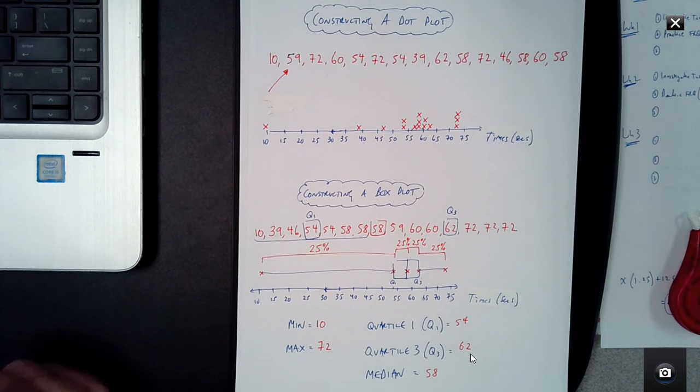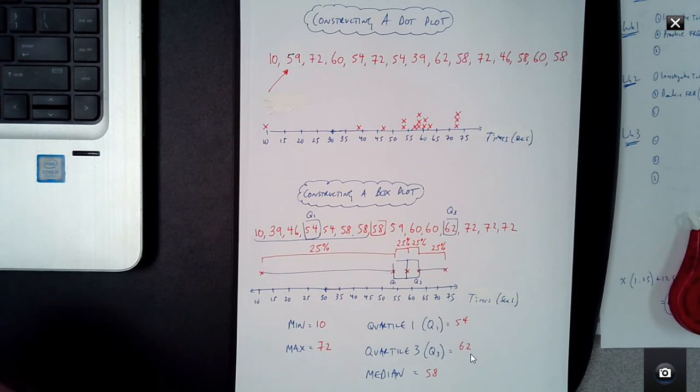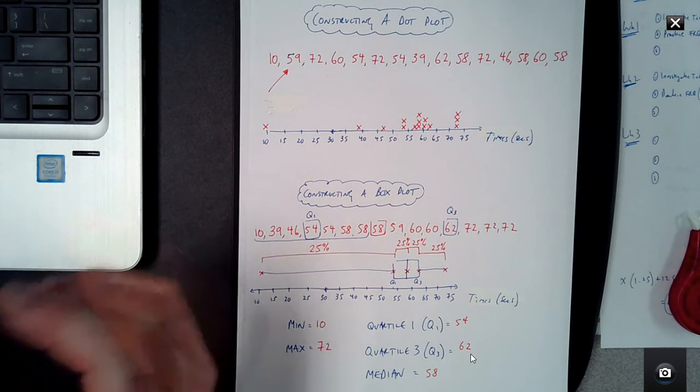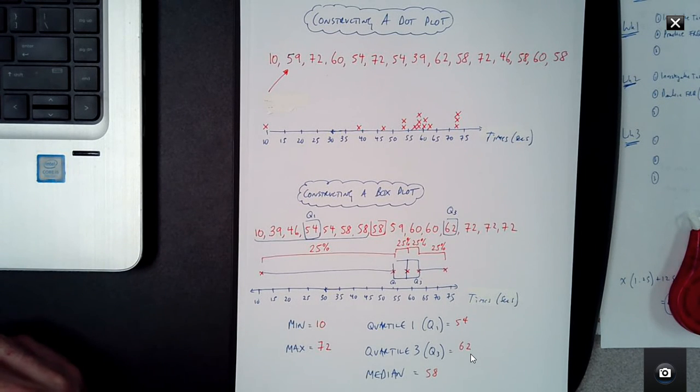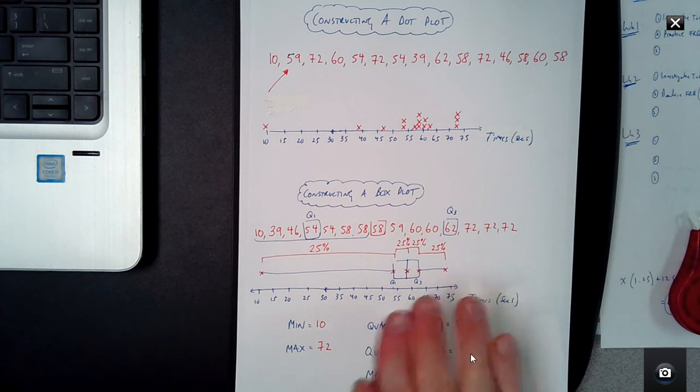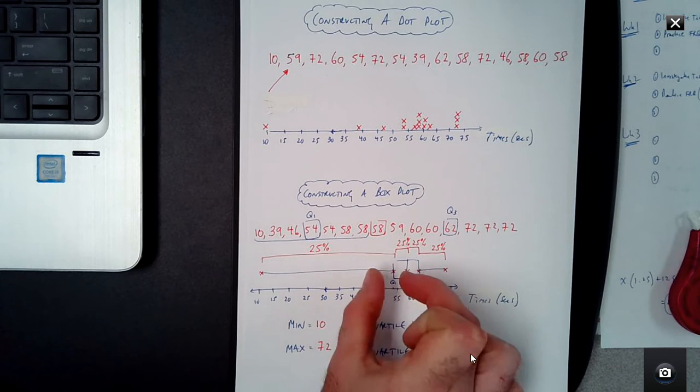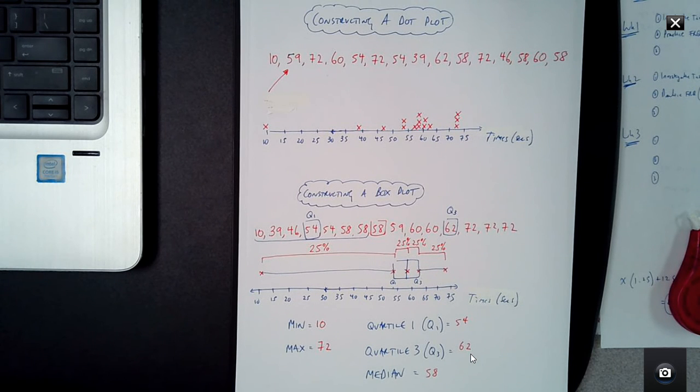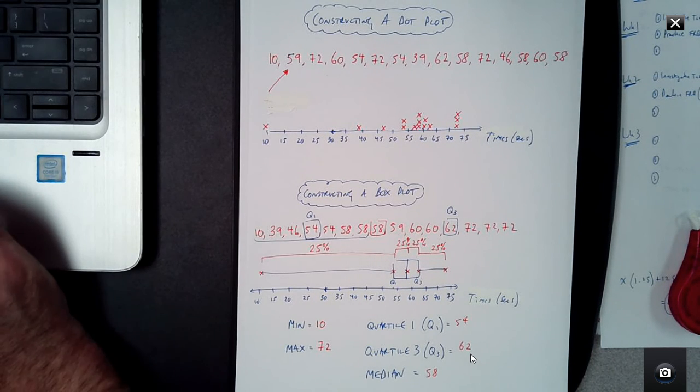So it's really just using quartiles or 25% to describe where that data is located. But for you guys, all you need to know is how to construct it, and just remember that you're breaking it up into quarters.